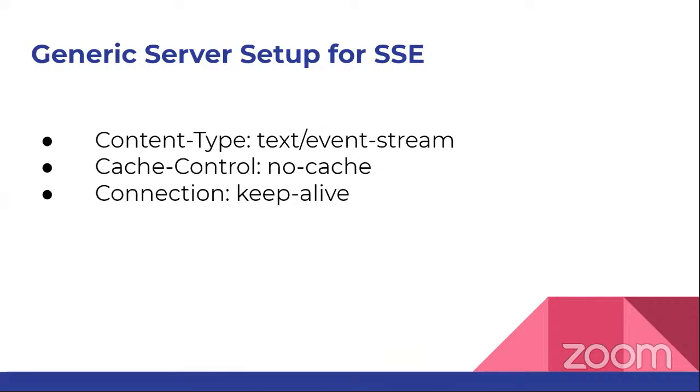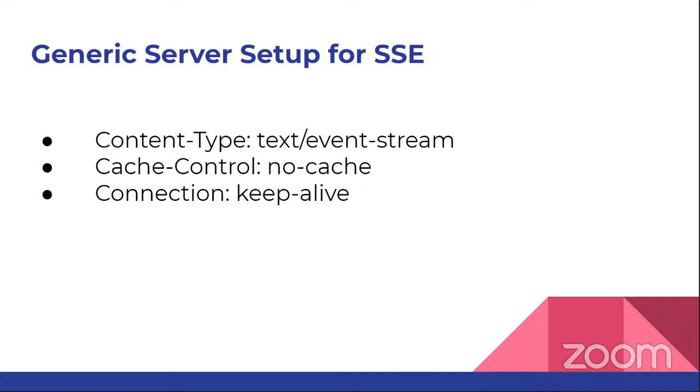So one of the beauties with server-side events is that they can be implemented in any framework, right? If you look at any framework like Flask or Node Express or Node.js or Python or Ruby or Golang, the only thing you need to do on the server end is basically set these three parameters in the header.